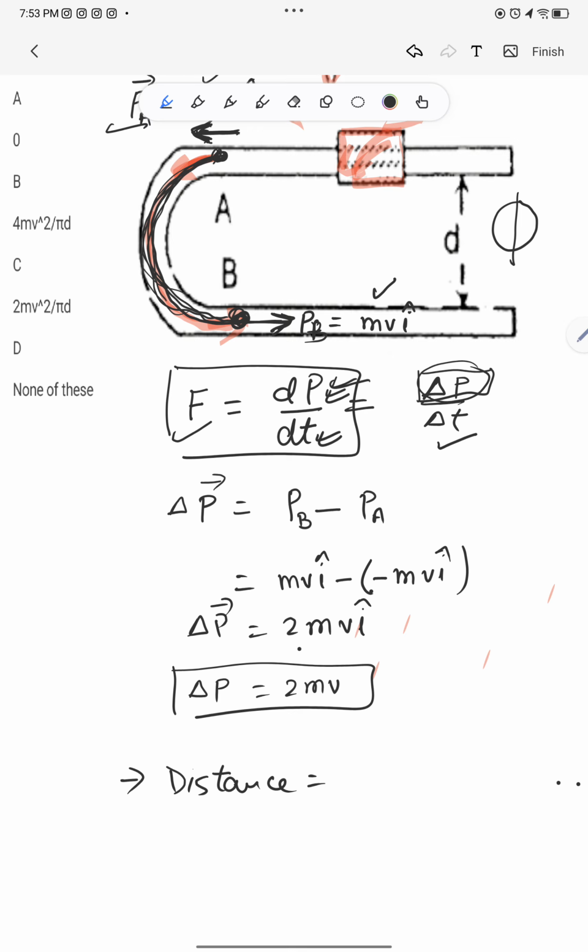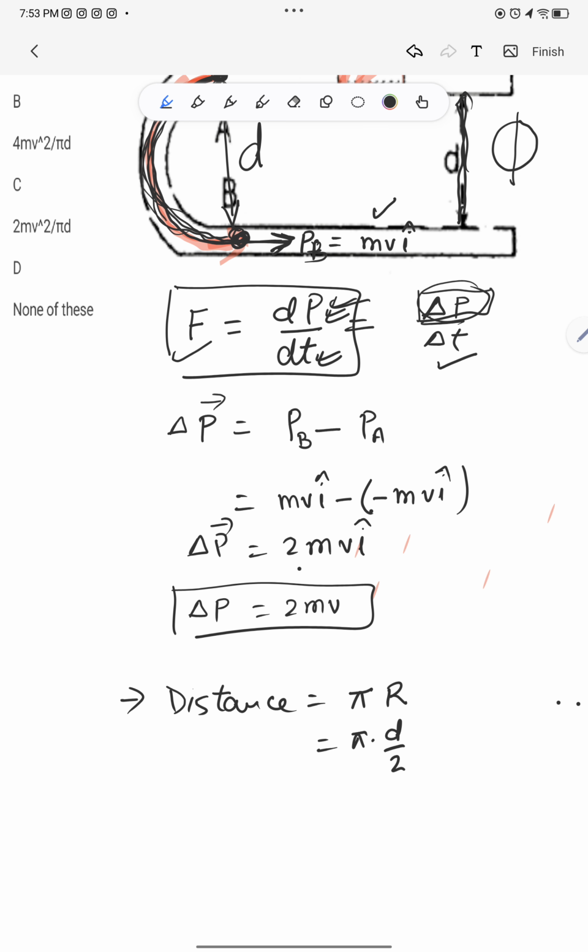The diameter is given as d, so the radius is d by 2, and the distance is pi into d by 2.